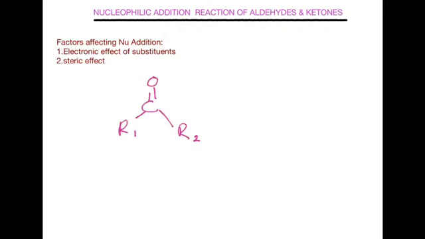What it means is that for the central carbon, there's going to be an electron donation from these two alkyl groups towards this carbon, which is going to nullify the partial positive charge we have on the carbon, making it less reactive.